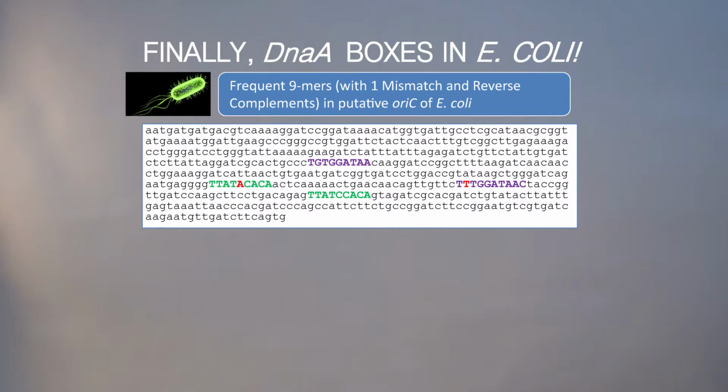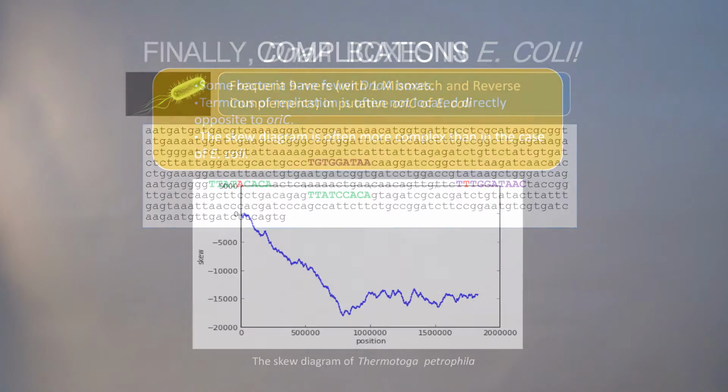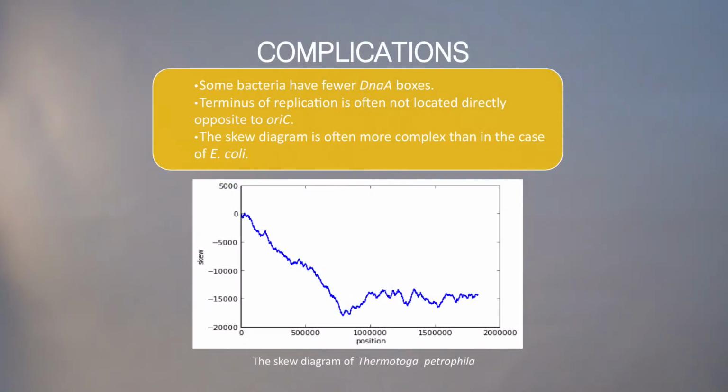And finally, after we've done this and run our frequent words with mismatches problem, we do find somewhat more elusive frequent words in the E. coli genome. And they turn out to be, indeed, real DNA boxes in E. coli. Now, what I described is a very idealistic view of how replication origins can be found. In reality, some bacteria have fewer DNA boxes, and our frequent words algorithm won't work for finding them.